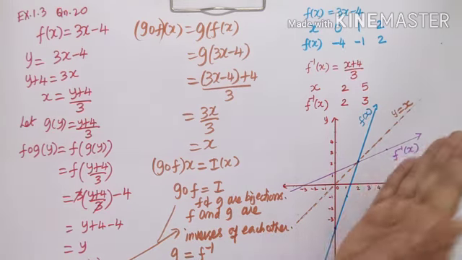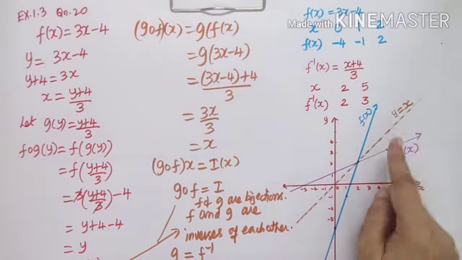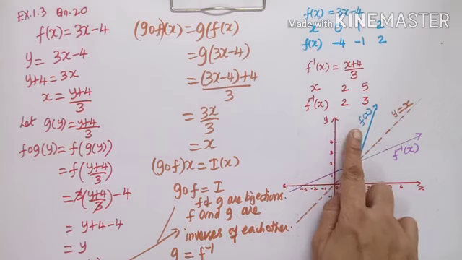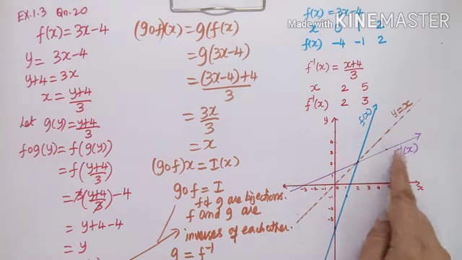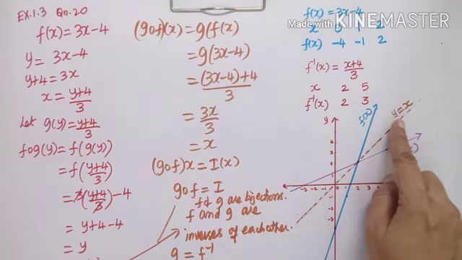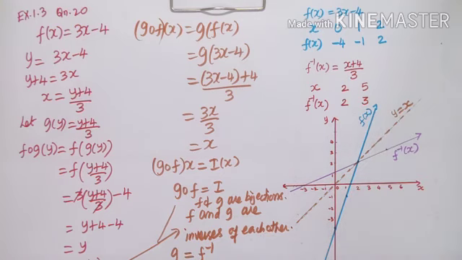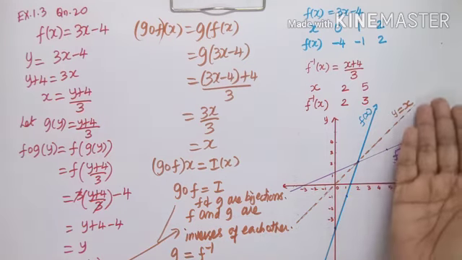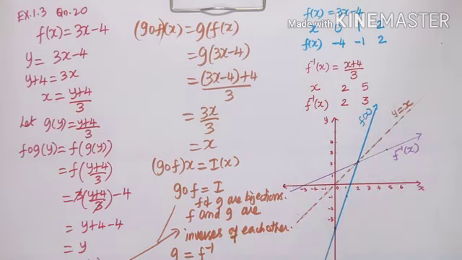Now you can check it is symmetrical about the line y equals x. So we have drawn f of x and f inverse of x. Show that it is symmetrical about the line y equals x. And whenever two functions are inverses of each other, they are nothing but lines, or curves also, symmetrical about the line y equals x.